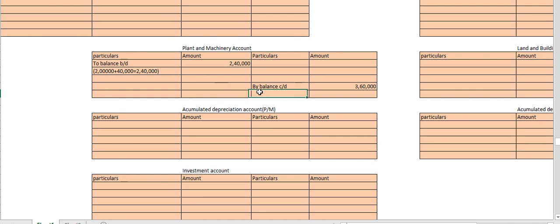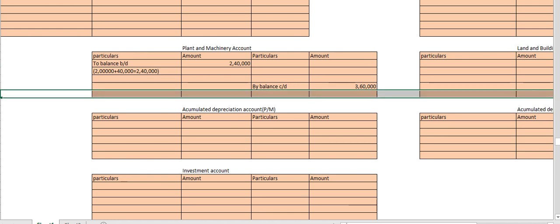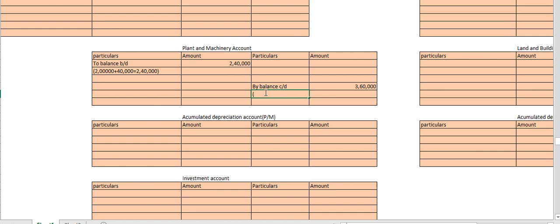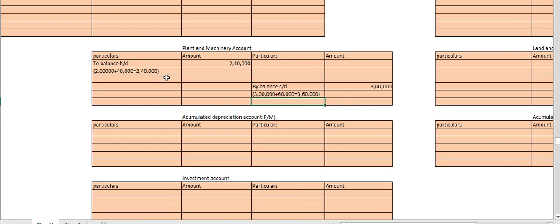And the balancing figure for the closing balance is 3 lakhs plus your accumulated depreciation of 60,000, which gives 3,60,000. So you will add up your depreciation amount and put that as your opening and closing balance.